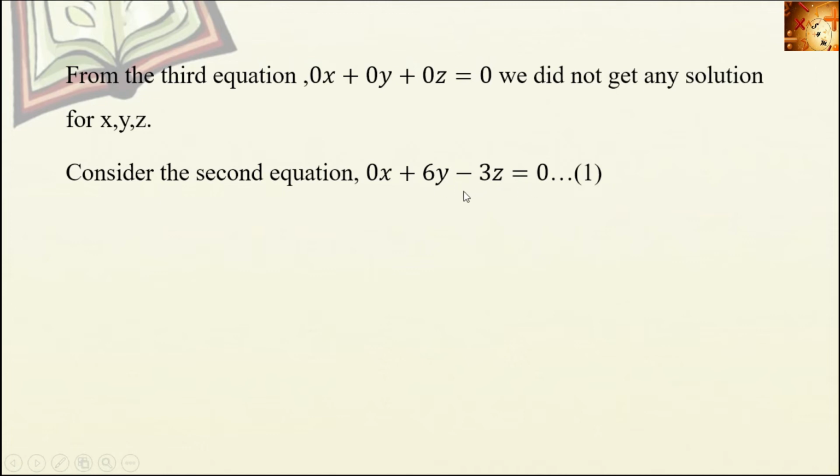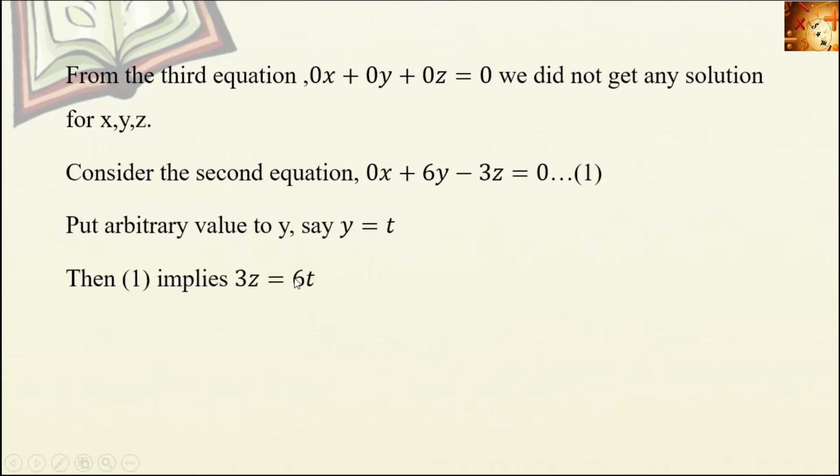Here there are two variables. If we have the value for y, then we can find z. So give an arbitrary value for y, say y equal to t. Then this equation implies 3z is equal to 6t, so z equal to 2t. If y is chosen as t, we can find the value of z as 2t.